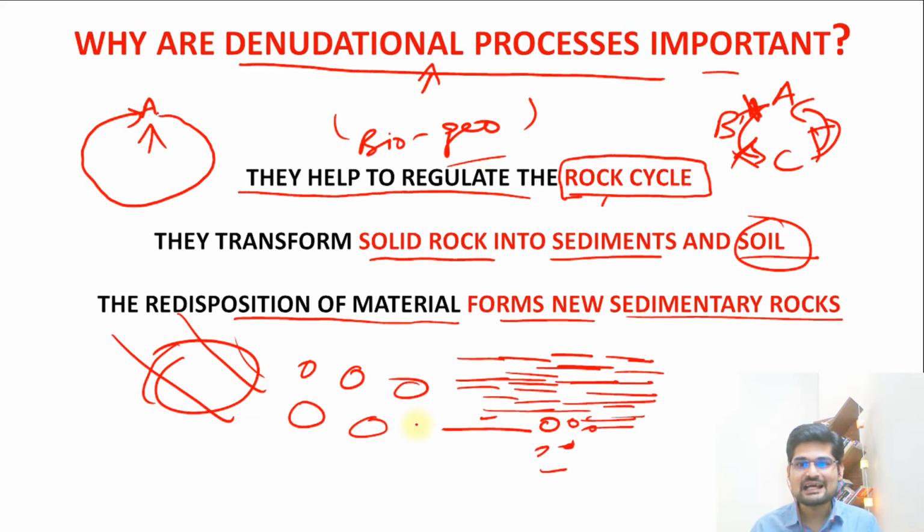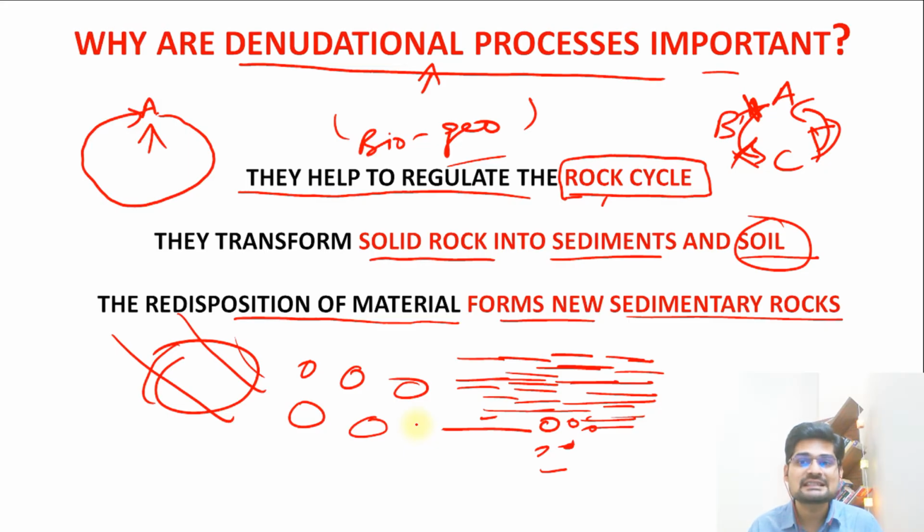So the entire regulation of the rock cycle, the soil formation, the various types of rock formation, are related to all these denudational processes, and these processes have been operating on the surface of the earth since the formation of earth, that is 4.6 billion years ago. Throughout the entire geological time scale, we can see various kinds of formation and deformation of the supercontinents into different land masses, formation of sediments, geosynclines, and fold mountains.